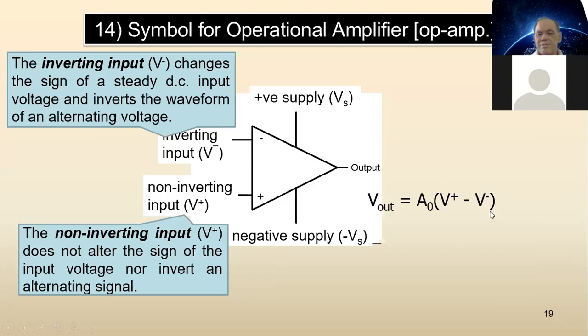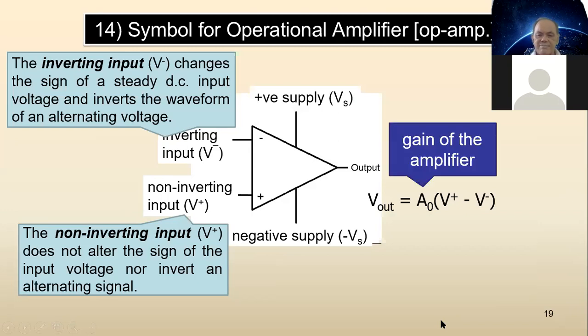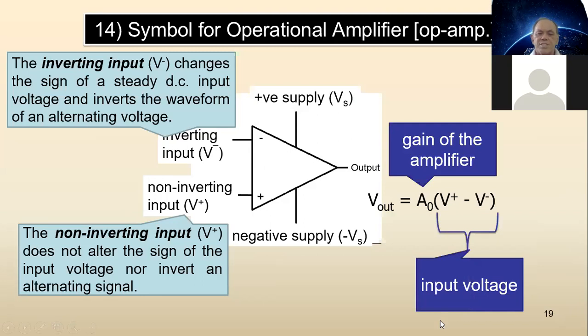This amplifier takes the difference between these two and then amplifies it. Right? A naught is the gain of the amplifier. It's determined by the engineer who designed it. You cannot change it. So there's the input voltage, the difference between the positive and negative terminal.